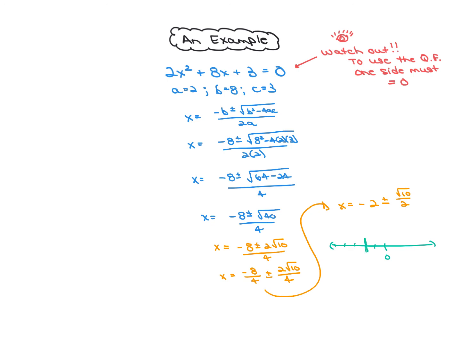I'm going to start at negative 2. And let's see, square root of 10 over 2. Square root of 10 is a little bit more than 3 divided by 2. So it's like plus or minus about 3 halves. So plus 3 halves would bring me to the first solution, minus about 3 halves would give me the second solution.